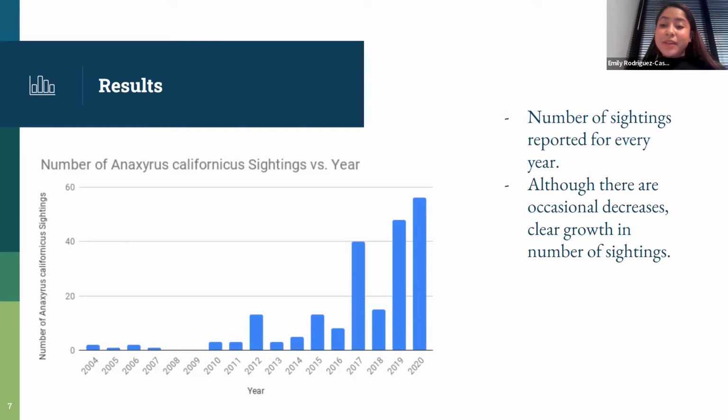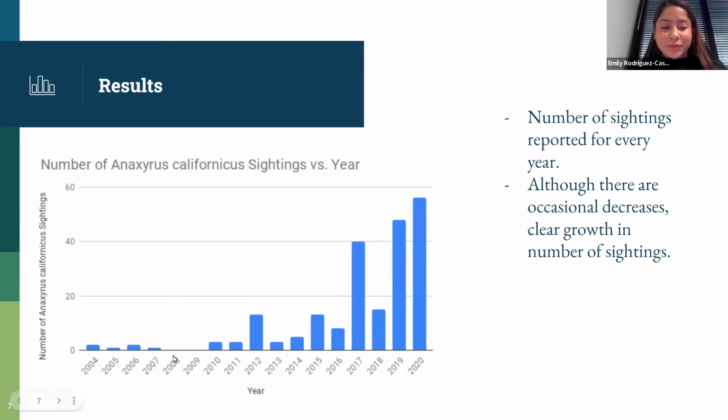So from 2004 to 2005, there's a 50% decrease in the amount of observations. 2006, there was a 100% increase in the amount of sightings. From 2006 to 2007, there was a 50% decrease once again. 2007 to 2008, there was no change. 2008 to 2009, there was, once again, no change.